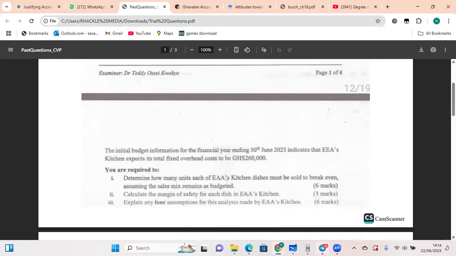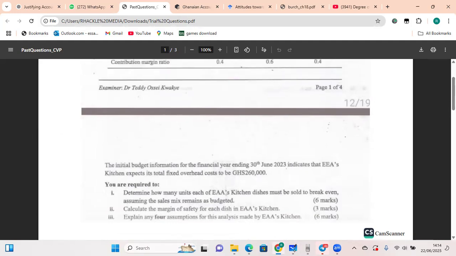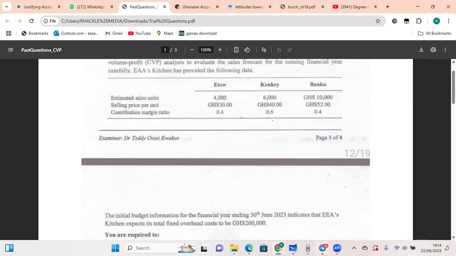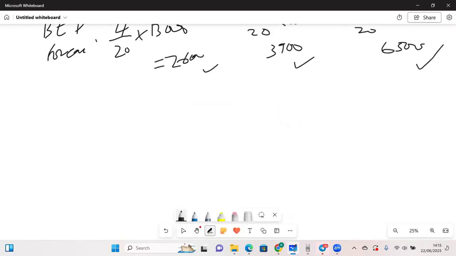The next question is saying calculate the margin of safety for each dish. So the margin of safety is just the sales in units minus the break even. Now we have the first one's estimated sales at 4,000, second one is 6,000, the third one is 10,000. You just subtract their break-even points respectively. So margin of safety, MOS.